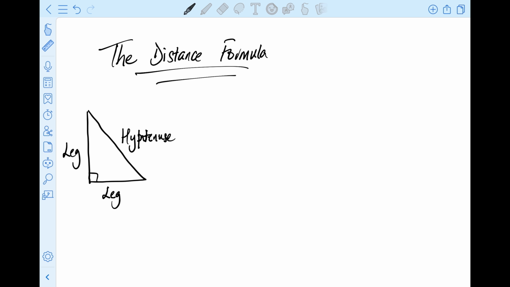This is every right triangle. In geometry or algebra 1, the legs become opposite and adjacent, determined by what we call theta, which is an angle. When we don't have angles, we can just call them legs.